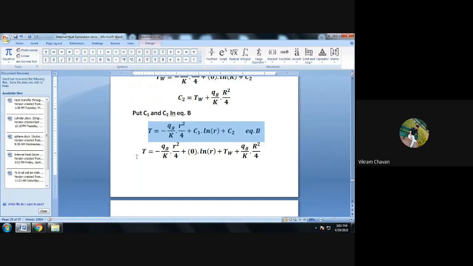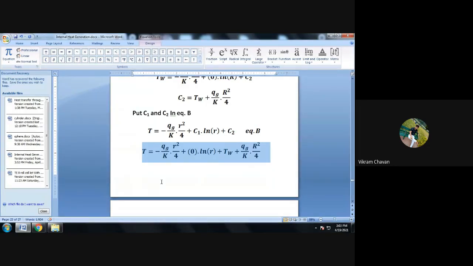Then we will get the equation as T is equal to minus Qg divided by K multiplied by r square divided by 4, plus 0 multiplied by ln of r, plus Tw plus Qg divided by K multiplied by R square divided by 4.